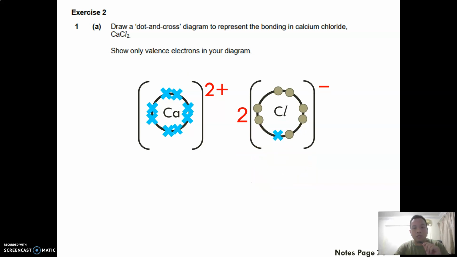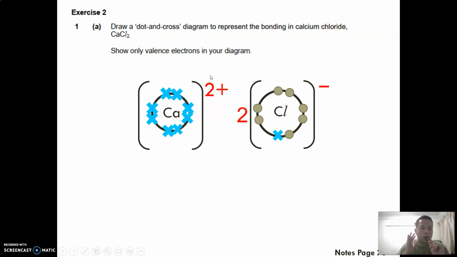If you drew your calcium ion with crosses, then your chloride ion should be drawn in dots, and vice versa. Secondly, the question will mention whether valence electrons only or not. If it didn't mention, then you have to draw all the electrons to show the full electronic configuration of both ions.